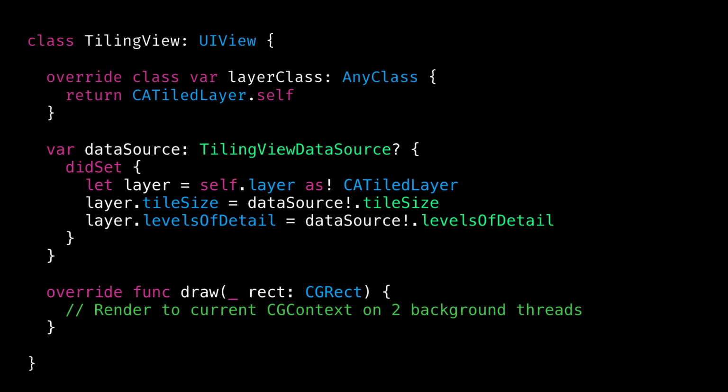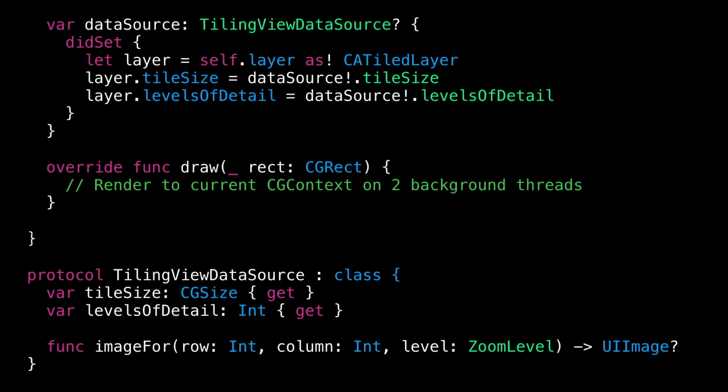And then the layer will start calling us back on the draw function. So we implement the draw function, and then the layer will say, for this rectangle, start drawing tiles, and it will do that on 2 background threads, so your main thread isn't blocked. On those 2 background threads, you need to start rendering images at the correct size.